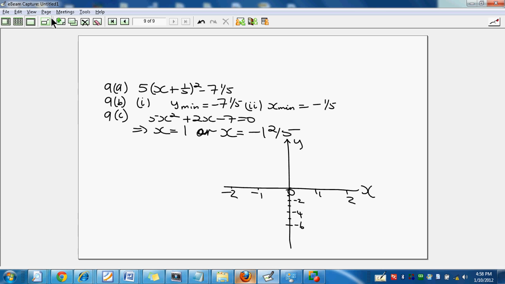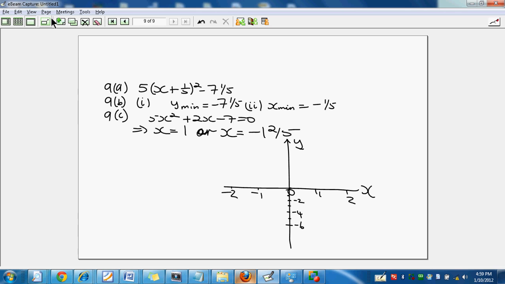Okay, so in order to answer 9D, what we'd have to do is to bring to the forefront of our minds all that we had done before. In 9A, we expressed it in a particular form, which is the completed square form. In 9B, we found what the value of y minimum was, which was the minimum value of the function.